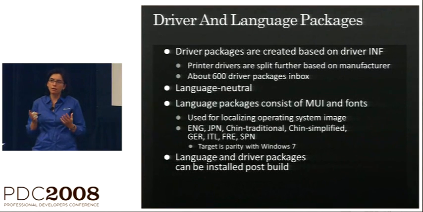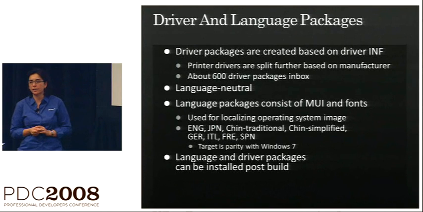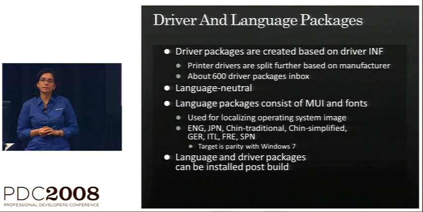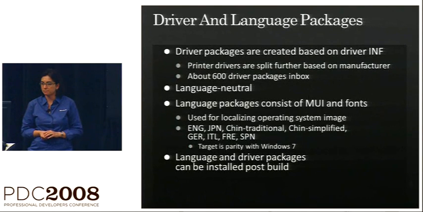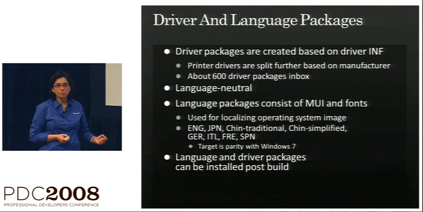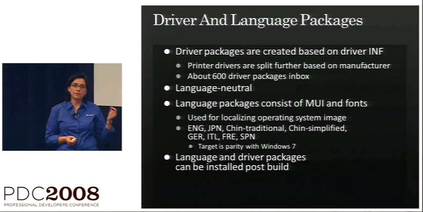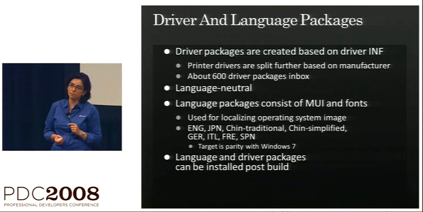And I think at our RTM for sure we'll have these language packages. And our target really is, at the end of the day, to have parity with all the MUI languages that Windows 7 releases. Another point is that language packages and drivers can also be installed on the image post-build.